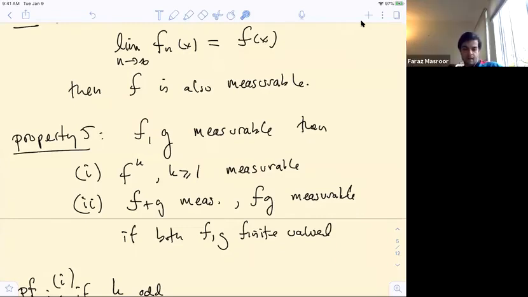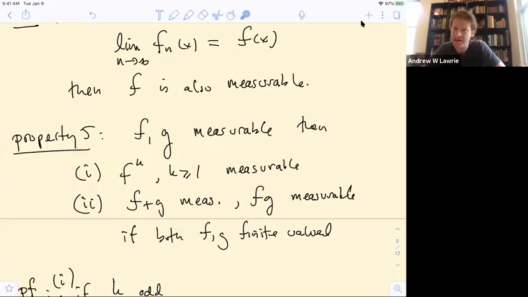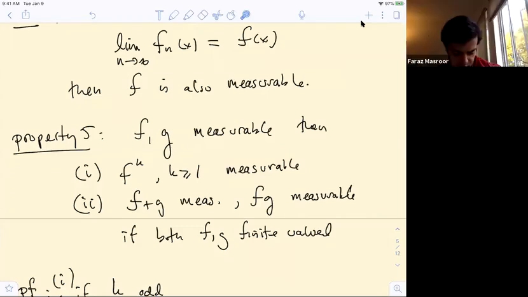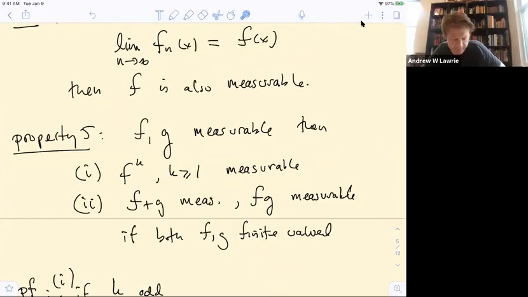So I'm not going to write something precise now, but for example, rational functions are measurable functions. I have to think a bit about how to deal with this.